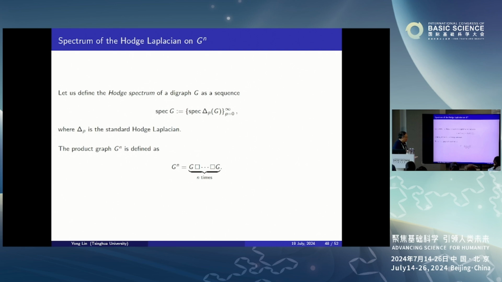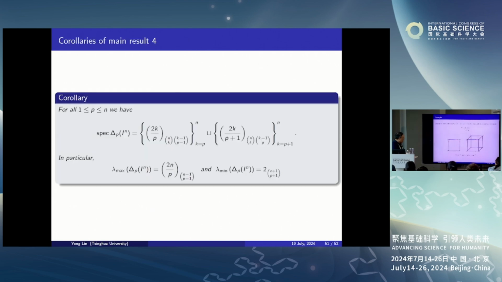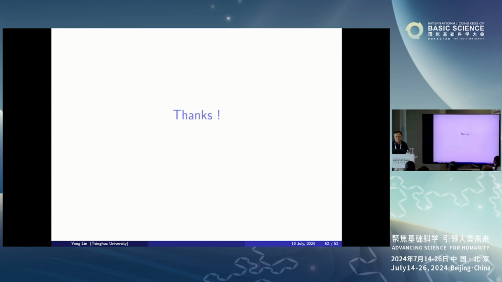Because Yau has asked the question, can we use all these spectra to determine the isometry of two graphs? But we actually find two graphs that are not isometric, even though they have the same spectral set. So I will stop here. Thank you.